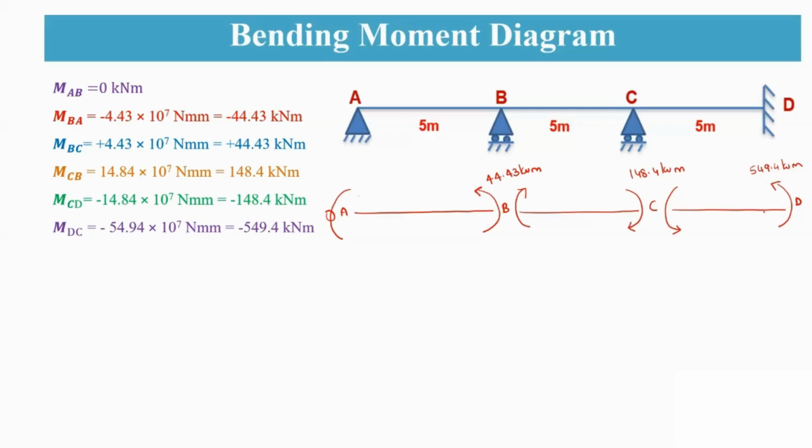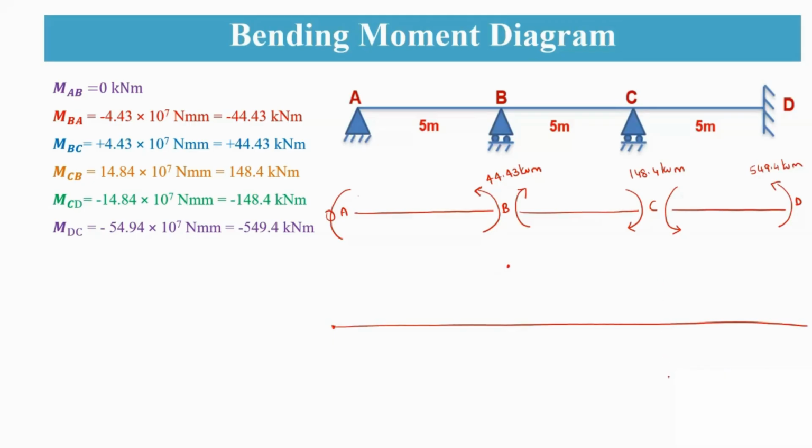Now coming to drawing a bending moment diagram. For this, it will be equal to 0. Coming over here, it is a sagging moment on both sides, that means a positive value, 44.43.